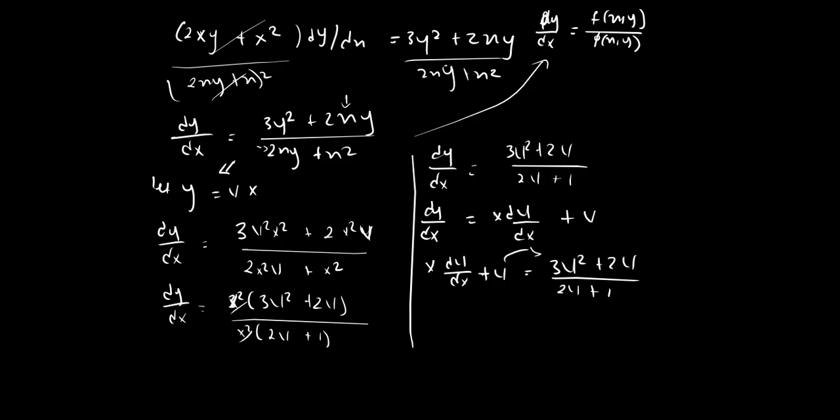So we begin simplifying the expression now. We have x dv/dx is equal to (3v squared plus 2v) over (2v plus 1) minus v. Let me rub this part off so that we can have an ample amount of space to solve.